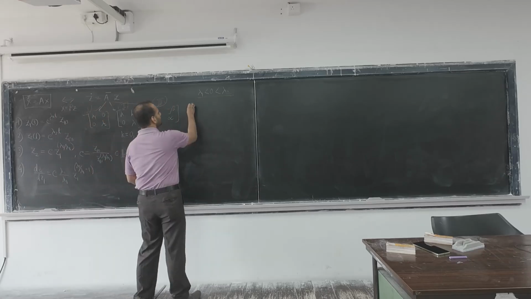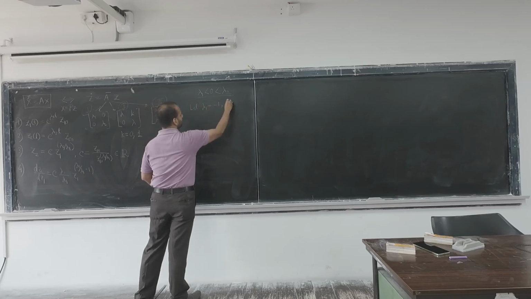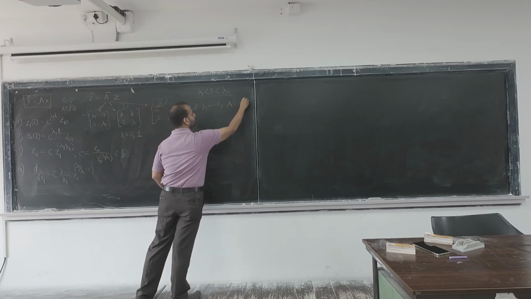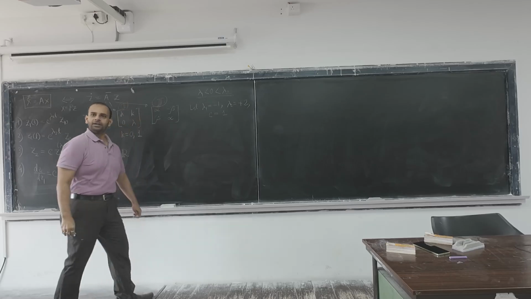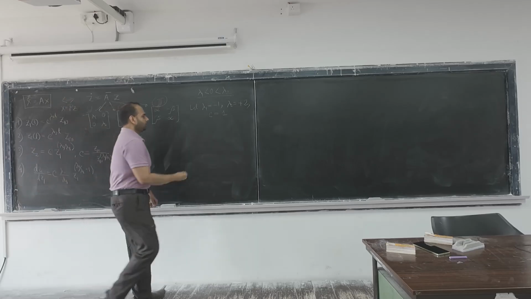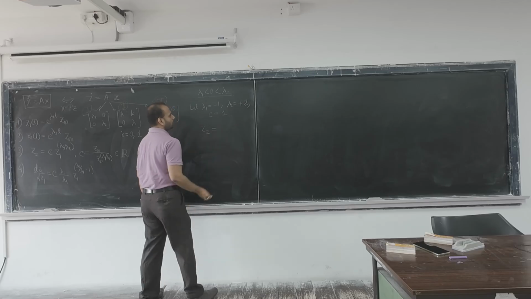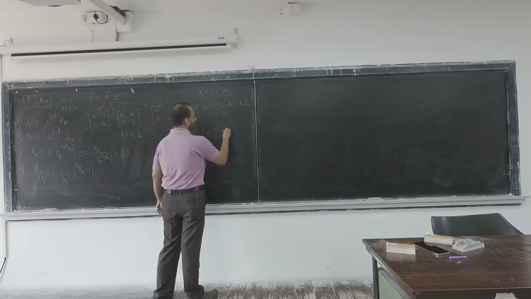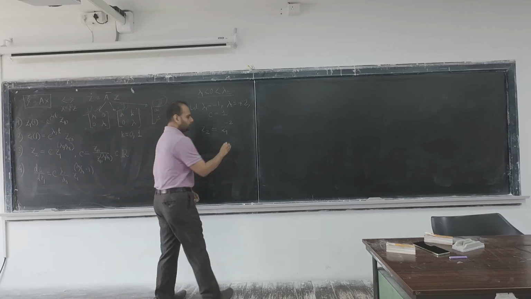Okay, so let lambda 1 equals minus 1, however lambda 2 equals plus 2, and for simplicity I am assuming C equals 1. If that is the case, then what will happen? z2 equals z1 to the power minus 2, isn't it?